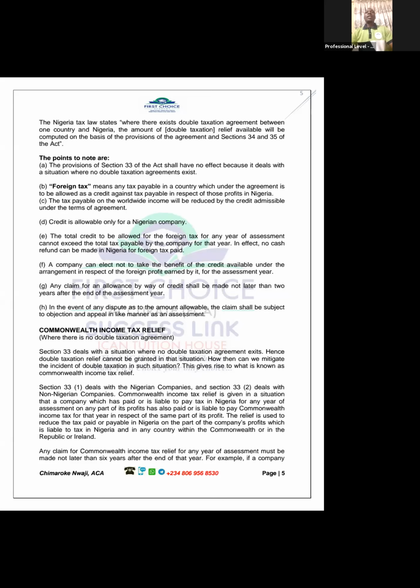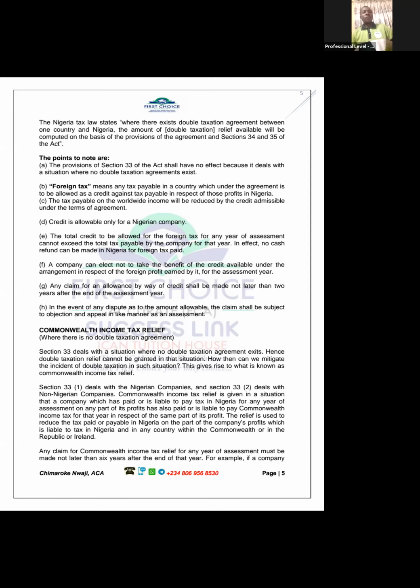Now, there is a provision of section 33, subsection 2, which is for non-Nigerian companies. And it says that if the Commonwealth rate of tax does not exceed the Nigerian tax rate. So now we're not looking at, this is for a non-Nigerian company, let's say MTN. Now, MTN Nigeria, we look at Nigerian tax rates with Ghana's tax rates.